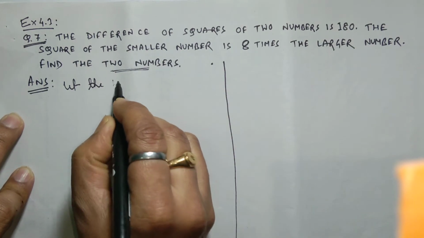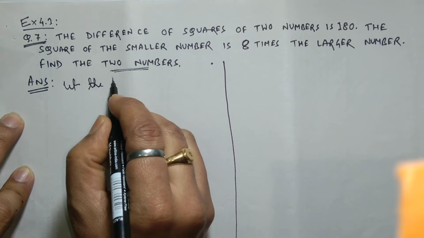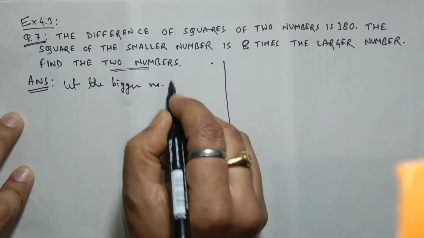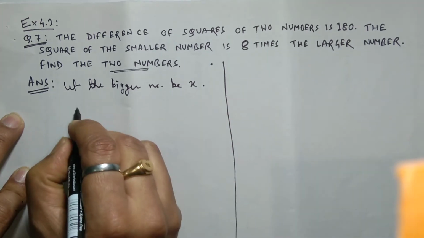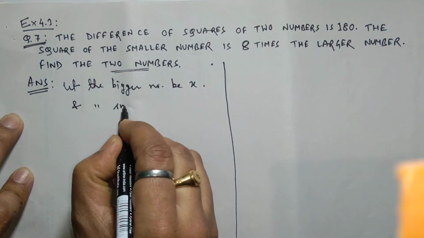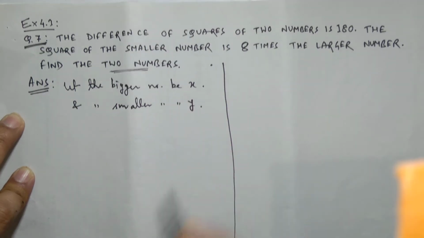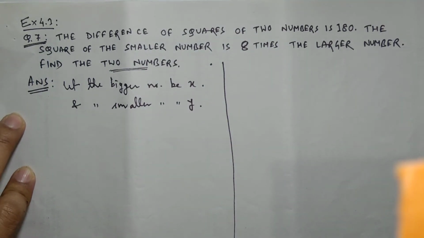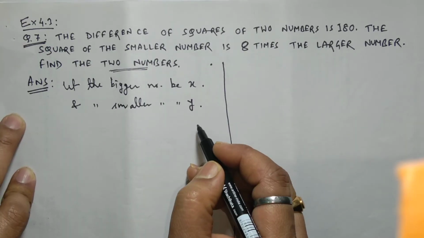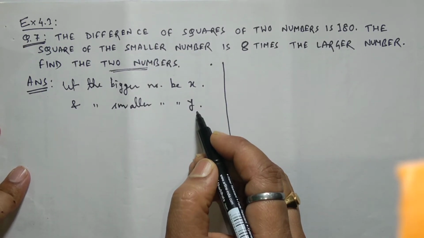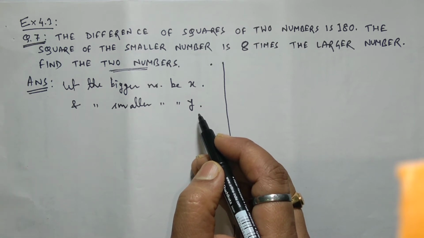Let the bigger number be x, and the smaller number be y. I am taking two variables, but finally you will observe that they convert to one variable.